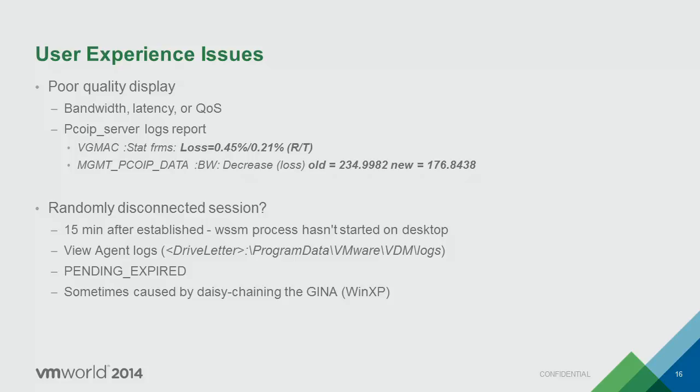Here's the gotcha. Loss in PCoIP is not the same as loss on the network, and that's a common misconception. You need to understand that from a PCoIP perspective, we expect packets to be in order, one after another.